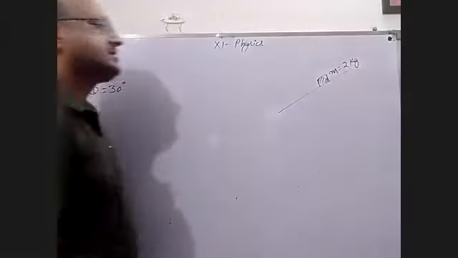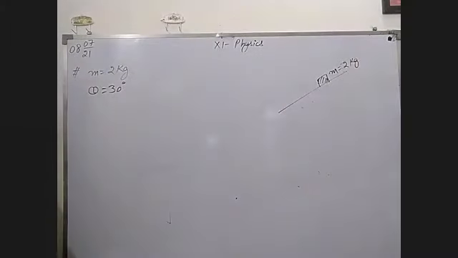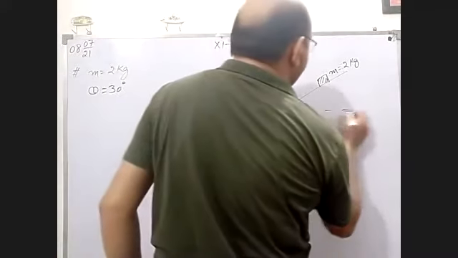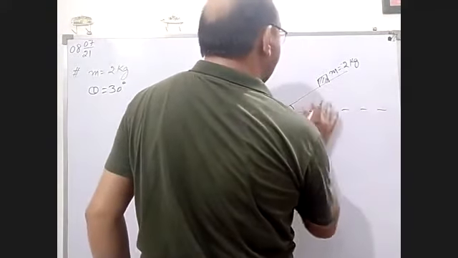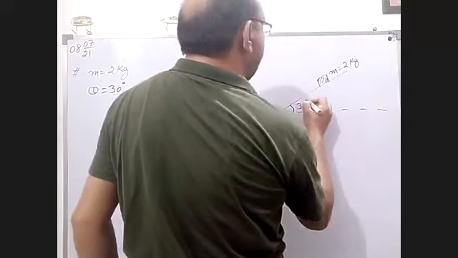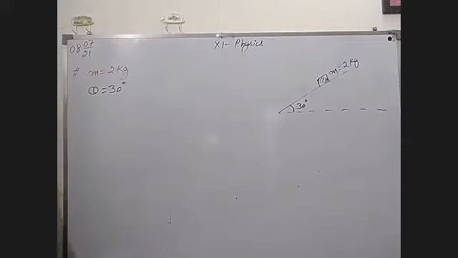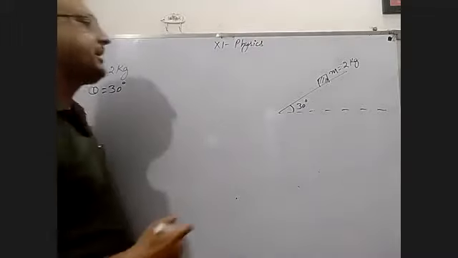This is a mass whose value is 2 kg, and with the horizontal the angle is given as 30 degrees. Now the question is to resolve its weight along and perpendicular to the plane.